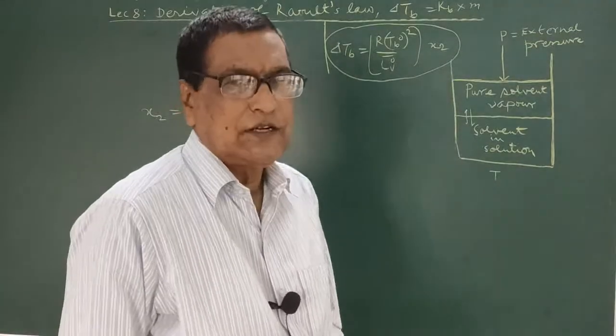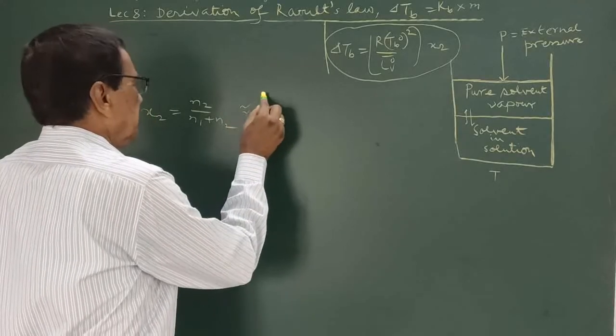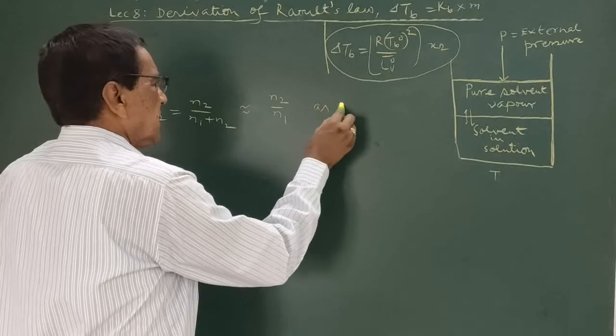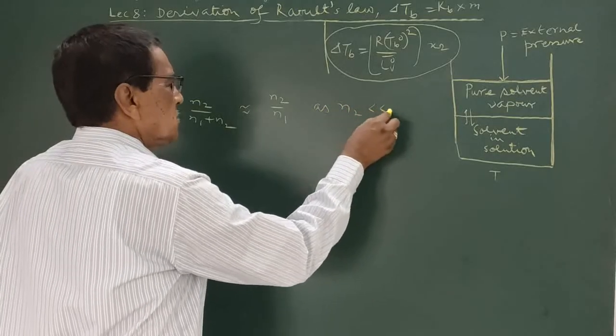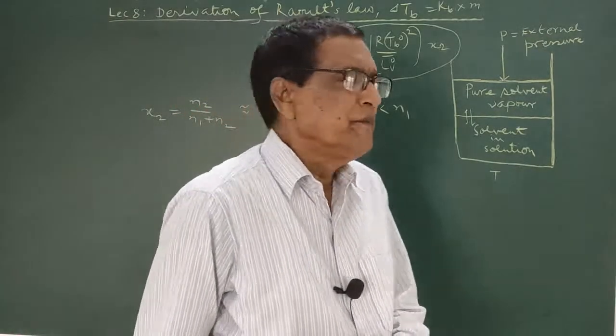This is the mole fraction of the solute in solution, and this could be written as n2 by n1, as n2 is much smaller than n1. The solution is very dilute.